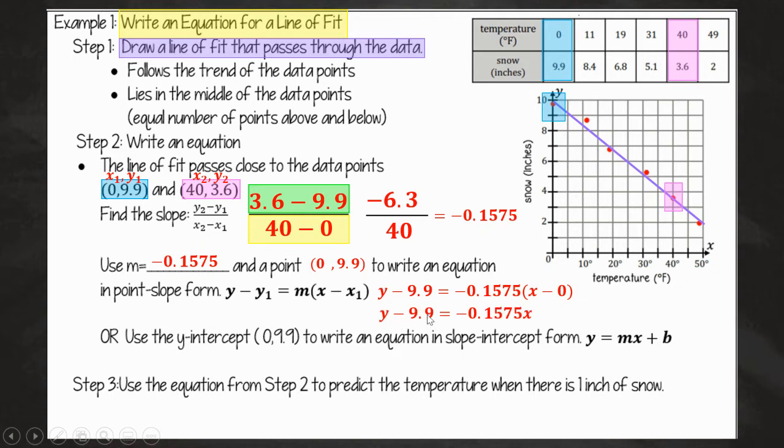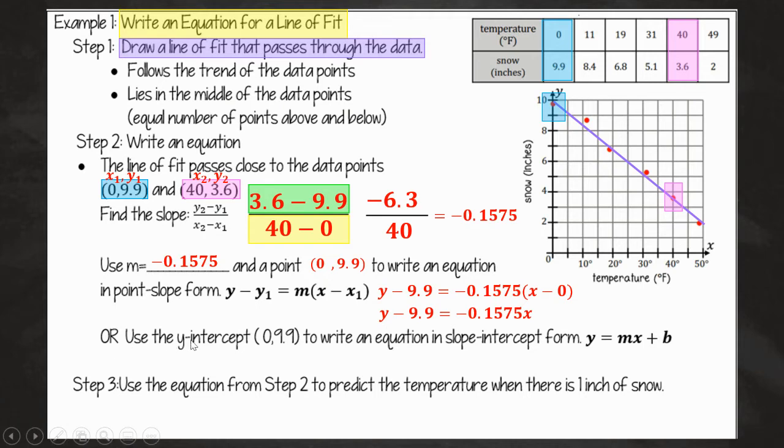So y minus 9.9, because that's my y value, equals negative 0.1575x. I didn't want to leave the minus 0 because that would simplify to nothing. So I just simplified it in the way that it would actually be written. And I don't have to do anything else at this point because it said to leave in point slope form. And you're going to see point slope form on your test in a few days. So we just need to make sure that we understand it and know how to use it.